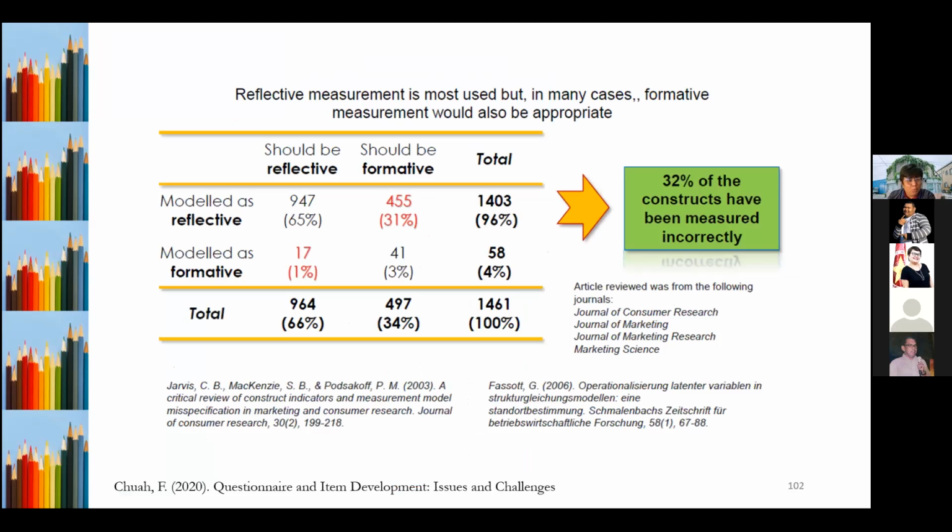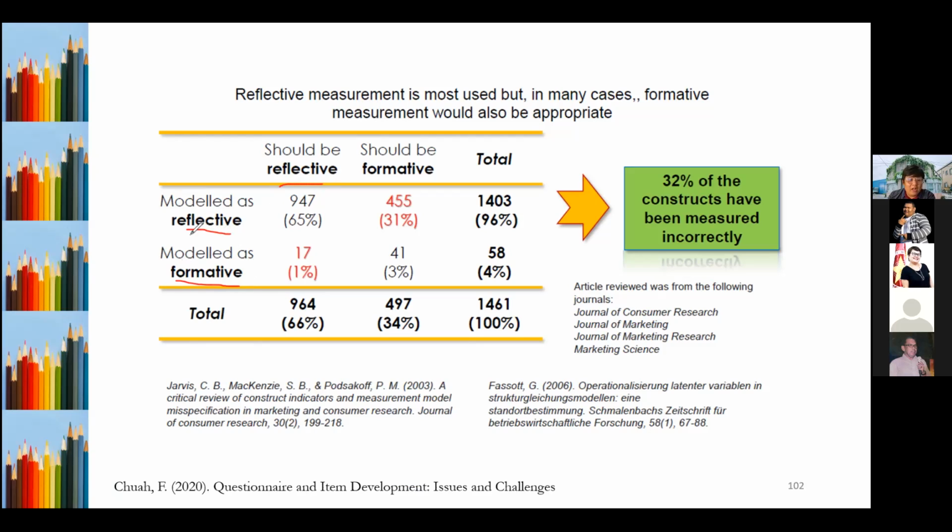So why do I need to discuss this one? Because there is already research showing that there are published papers that made mistakes in modeling or identifying their constructs. For example, they were modeled formative but they should be reflective.